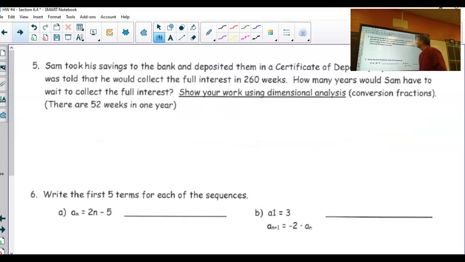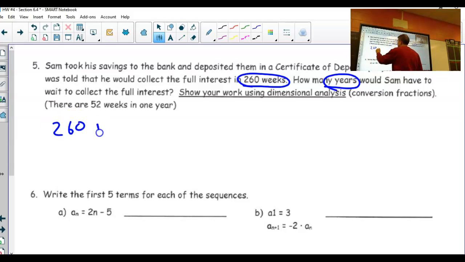Number 5. All right, the big thing in number 5 is they want me to convert 260 weeks into years. And so to do a conversion, I start with the original unit, which is 260 weeks. And I made a fraction out of it and just put it over 1 so it'd be a fraction.